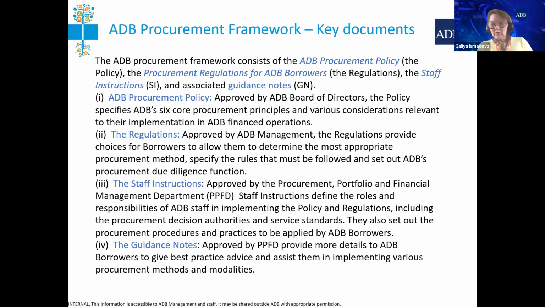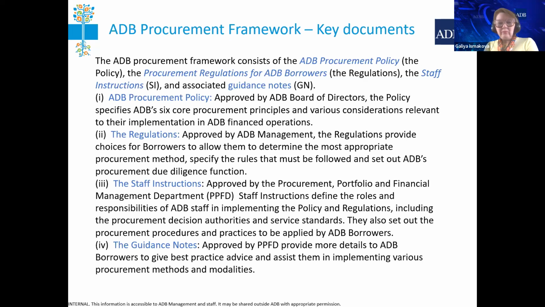For those of you who have been following ADB operations for quite some time, you know that prior to 2017, ADB had two types of documents guiding procurement of goods, works, and services, and also consulting services. These were the ADB procurement guidelines and the ADB guidelines for the use of consultants. So since 2017, the two separate guidelines have been merged into one procurement policy.